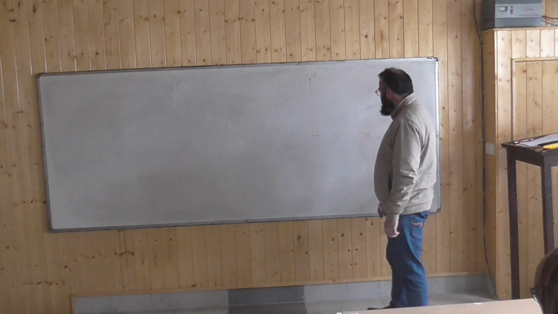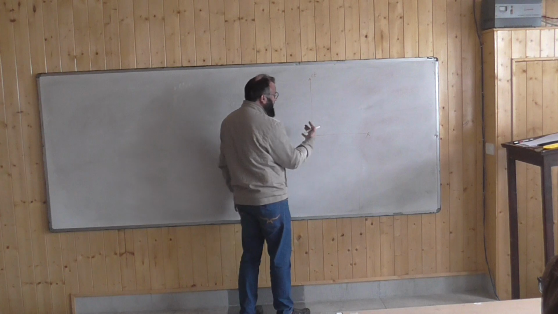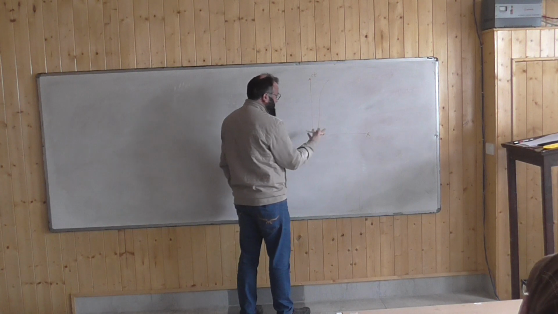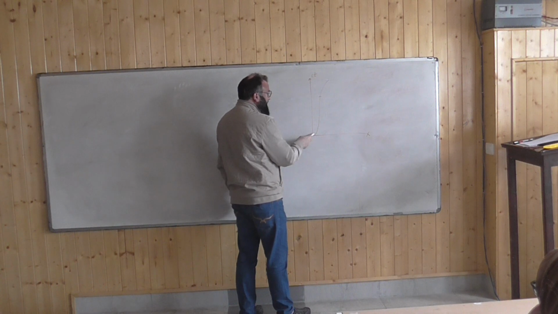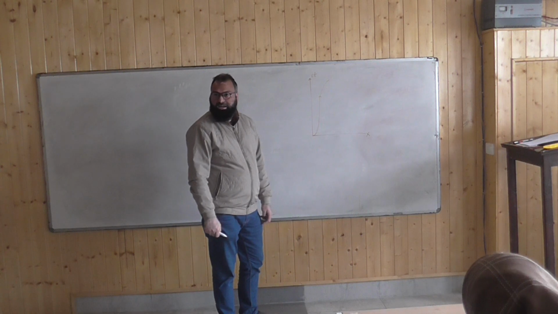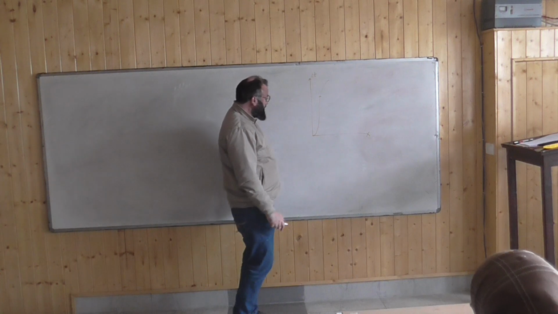Now we can have a trajectory of a particle. Let's say it starts from the origin. So this is the trajectory of the particle. We call this trajectory the world line. You can think of it as the line along which the particle moves.